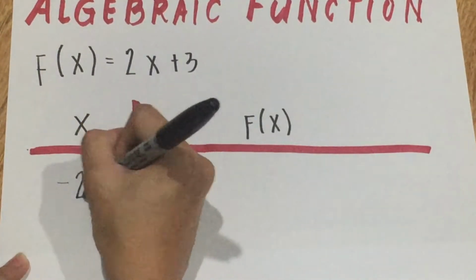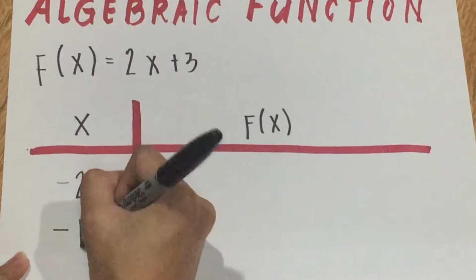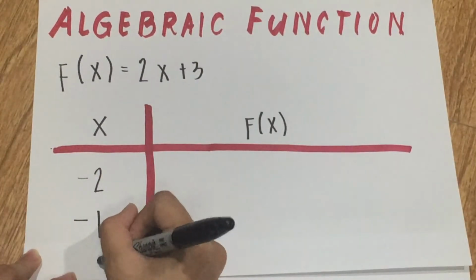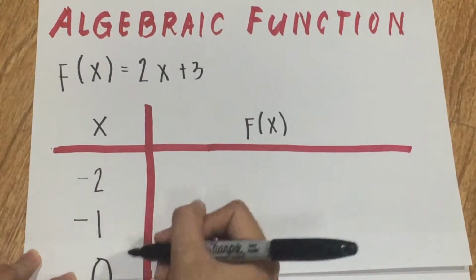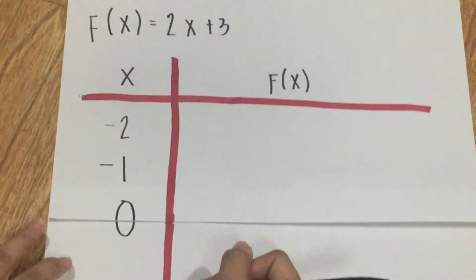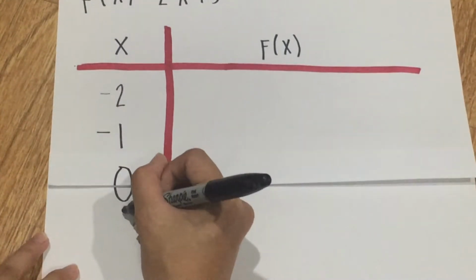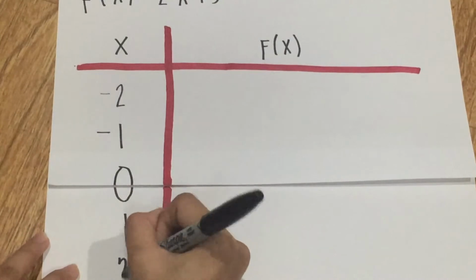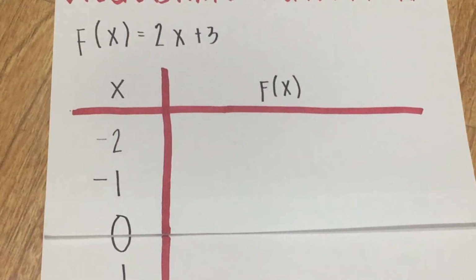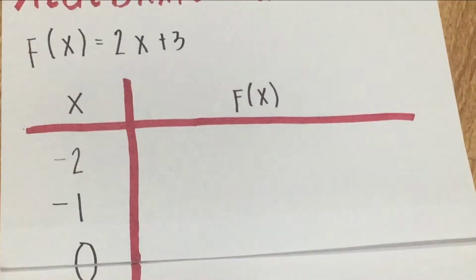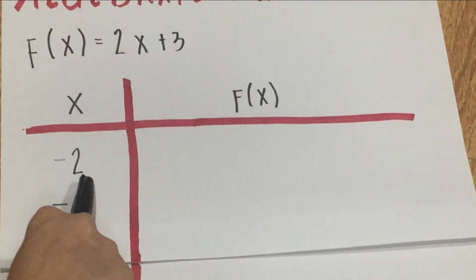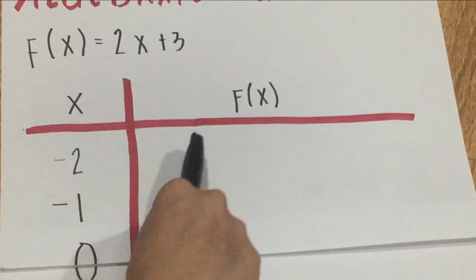Negative 2, negative 1, 0, 1, and 2. So, we will take the negative 2 to the function, which means we will put the value of x.